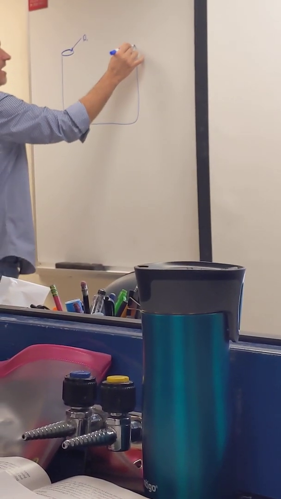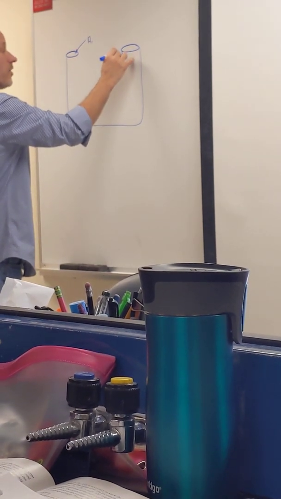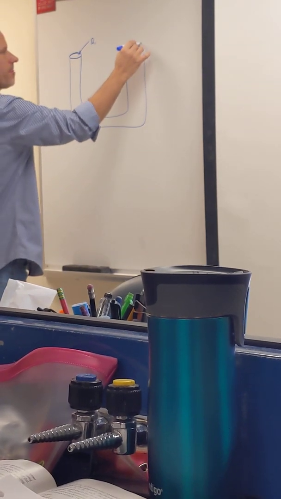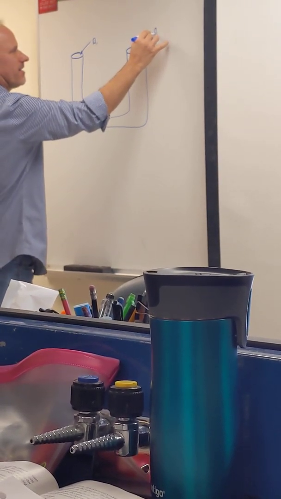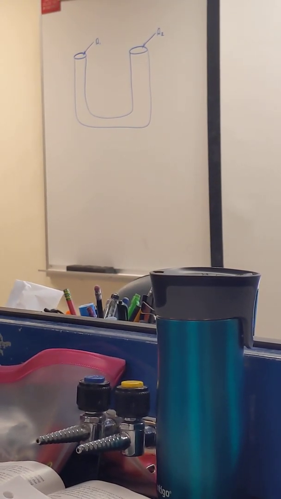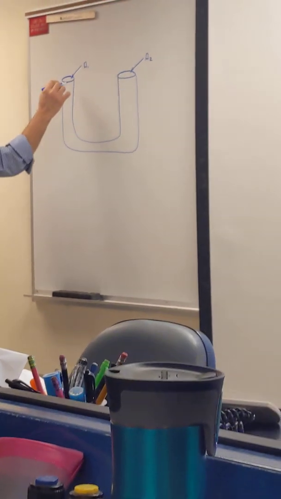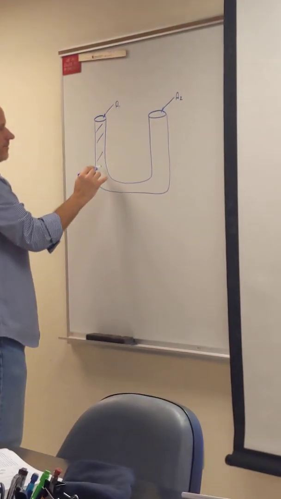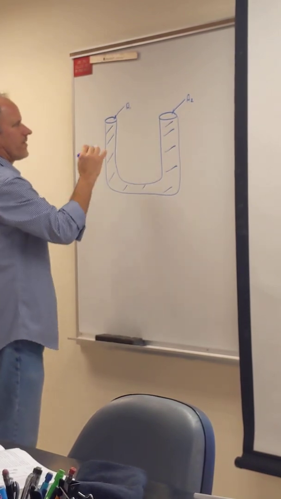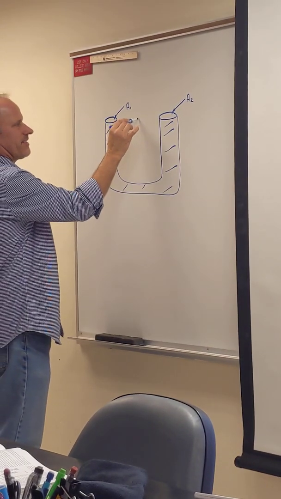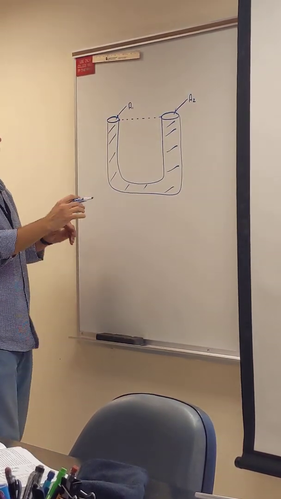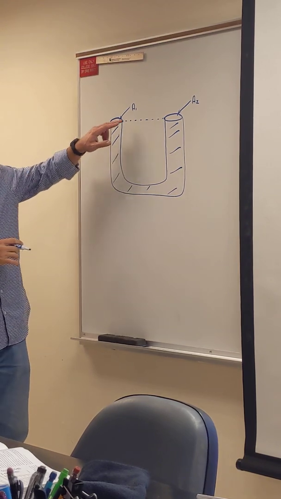And then over here, I have a bigger piston that has an area of A2. And if this is full of liquid, if these things are at the same height, what can I say about the pressure at these 2 points?